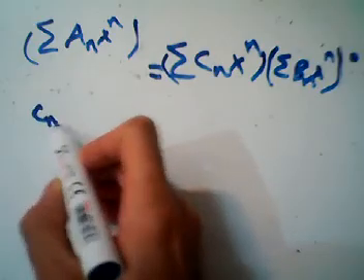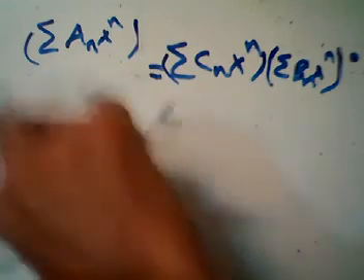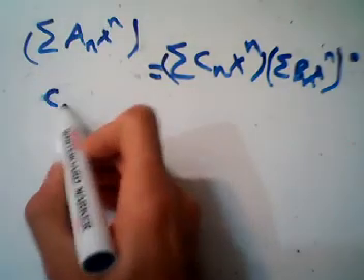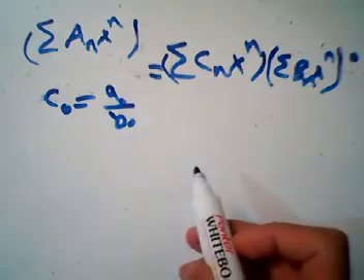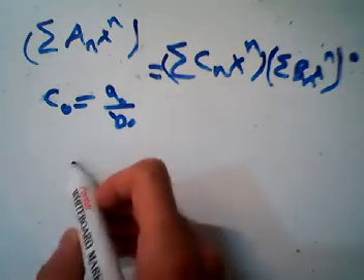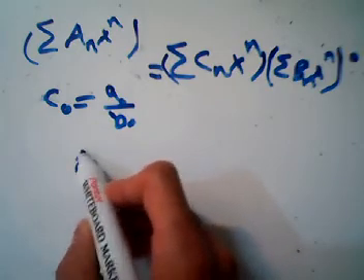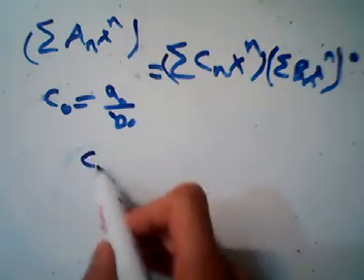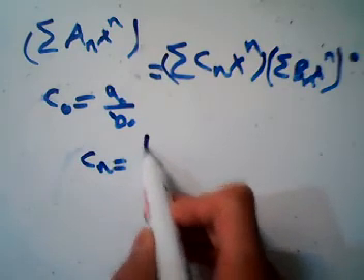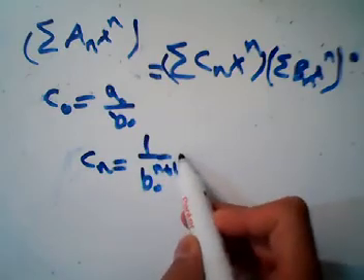C0 equals A0 over B0, and Cn would be 1 over B0 to the power of n plus 1 times this determinant.